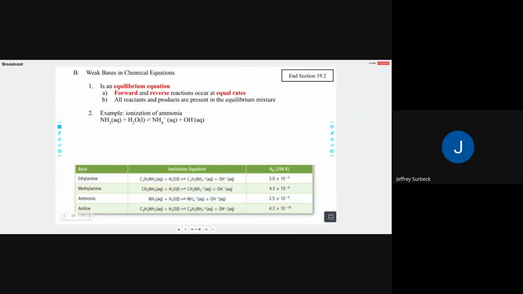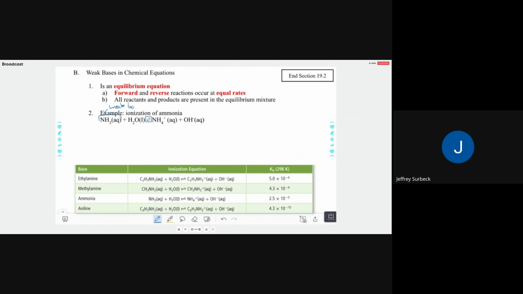I just want to write the Kb expression here. Remember, forward and reverse reactions are occurring. And so if we wrote the Kb expression, 1, we know we have to do that because of these equilibrium arrows. 2, we identify this. NH3 is actually considered a weak base.